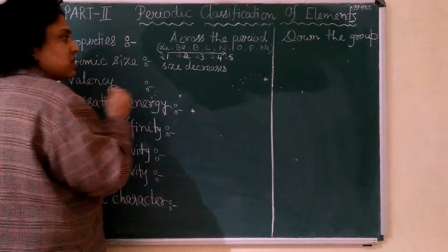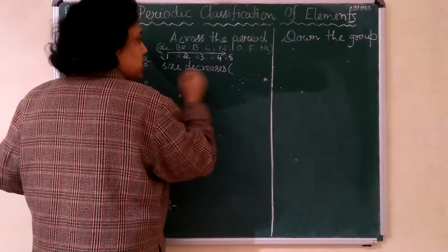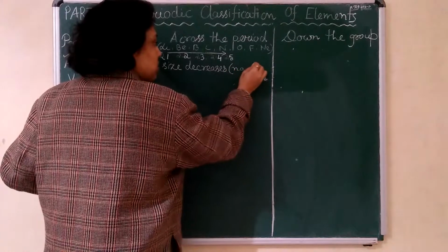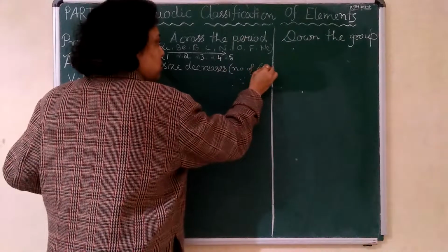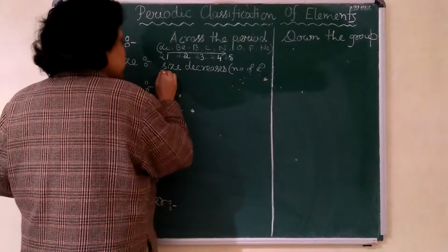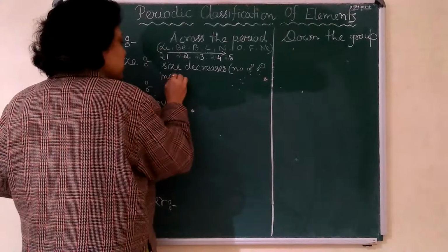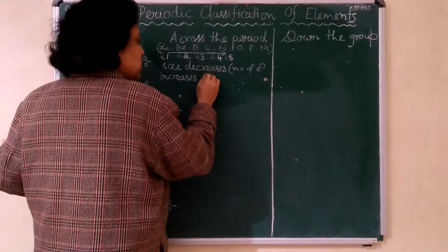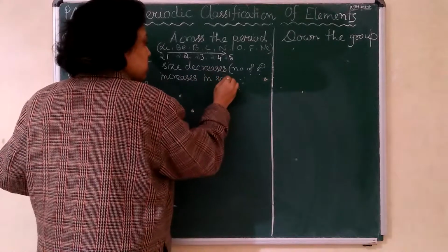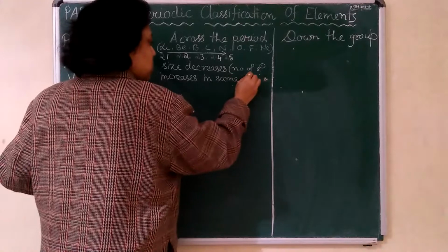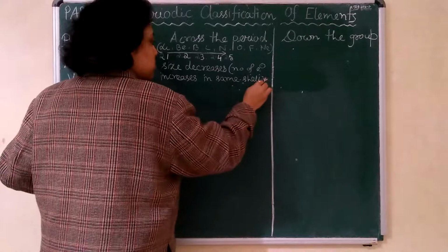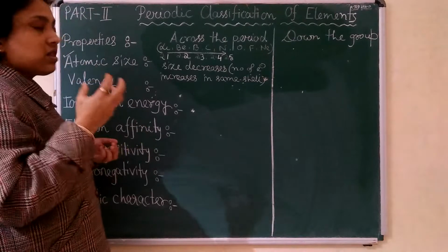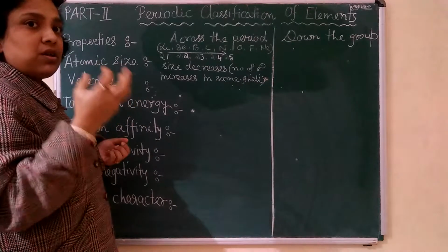What reason will you write? You will write that the number of electrons increases in the same shell. Due to this reason, number of electrons are increasing in the same shell, means effective nuclear charge.